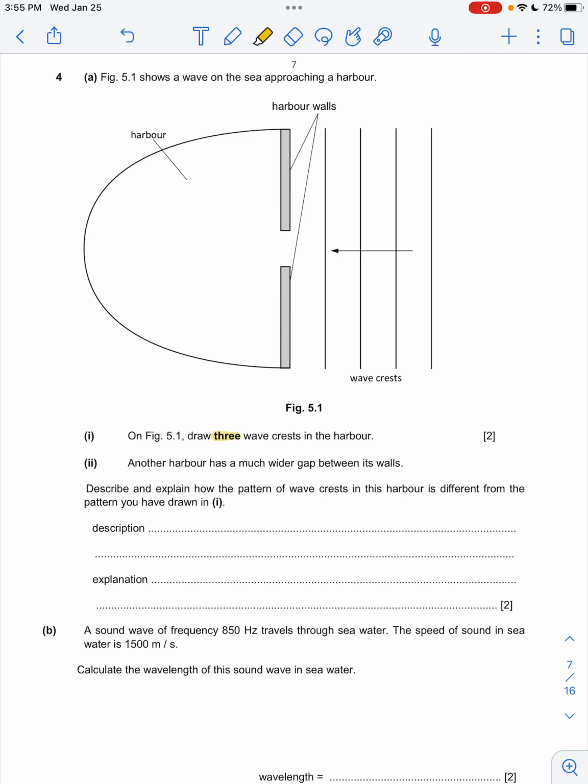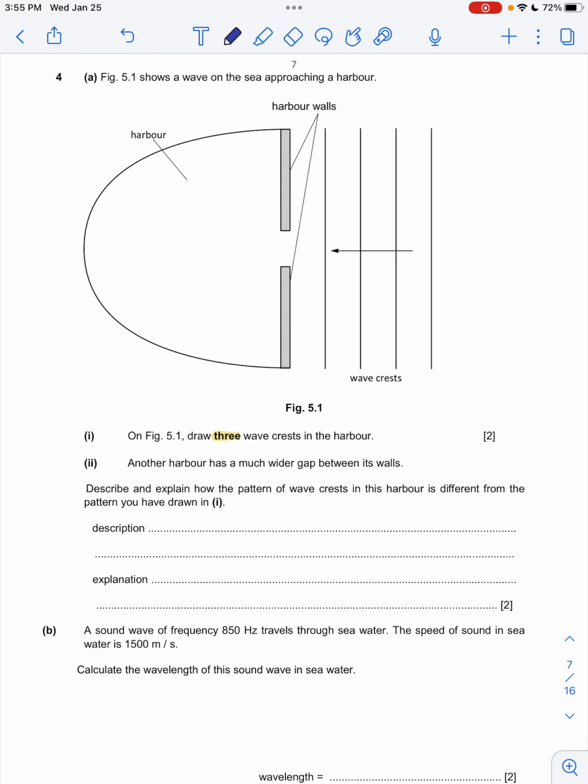But also notice that nowhere in the question is there a change in depth. Because it doesn't tell us that the depth changes, we must assume that the depth is constant. And so even while having diffraction happen, as is the case when you squeeze through a gap, my wavelength is not going to change because my depth has not changed.